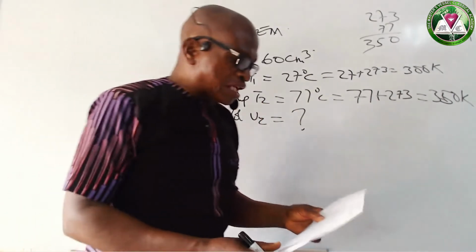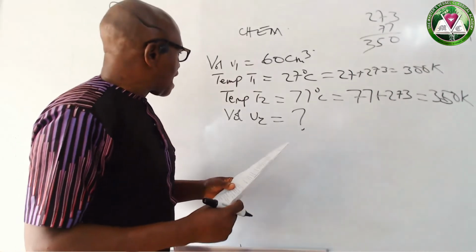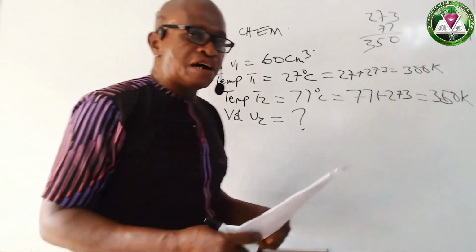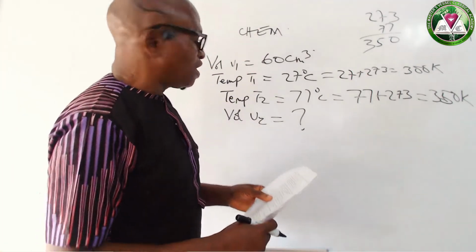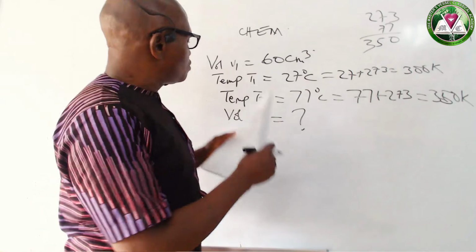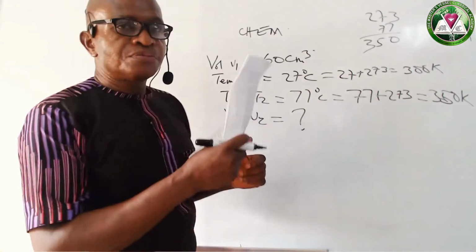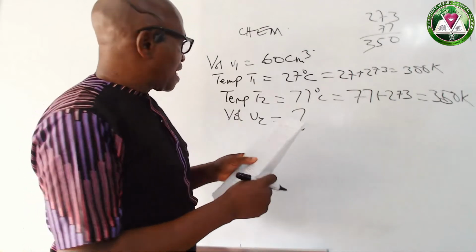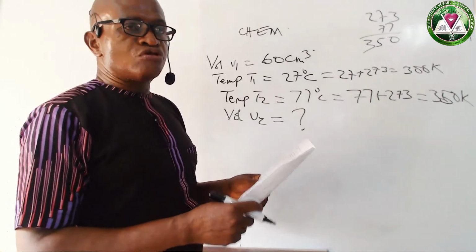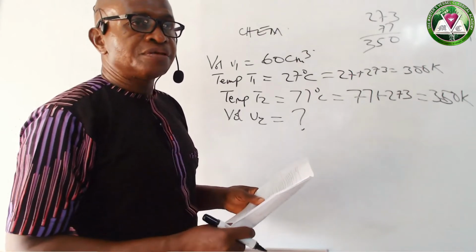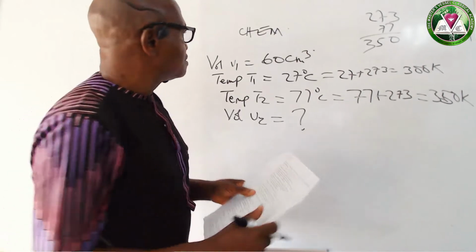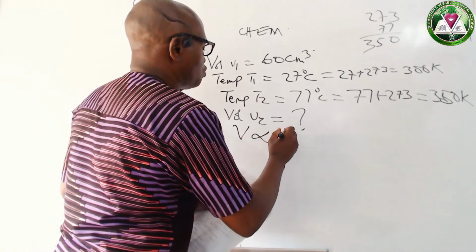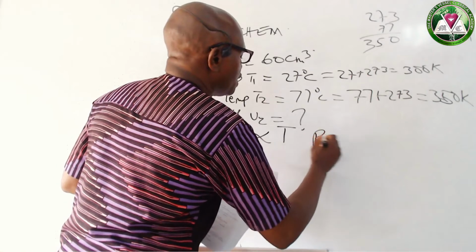Since the variables here are volume and temperature, you ask yourself what law will relate these. The law used to solve this problem is Charles' law, which states that the volume of a given mass of gas is directly proportional to the temperature in Kelvin, pressure remaining constant: V is directly proportional to T.